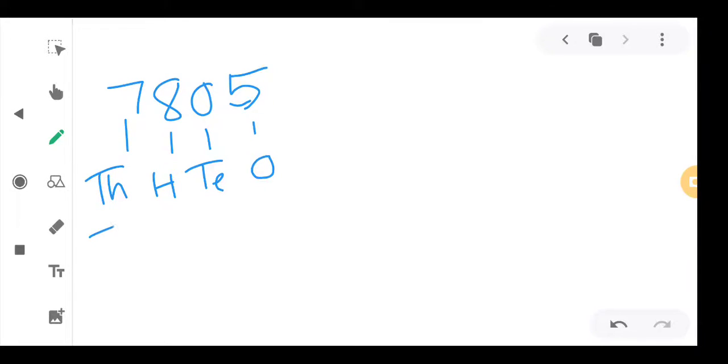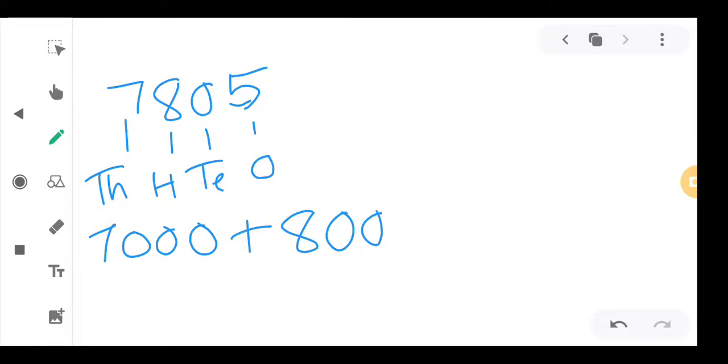So 7, after 7 there are 3 numbers, so 3 zeros. 7,000 plus 800 plus this is 0, so there is no need to write, plus 5. So this is the expanded form of the second one. Okay.